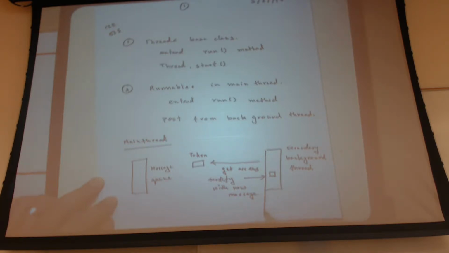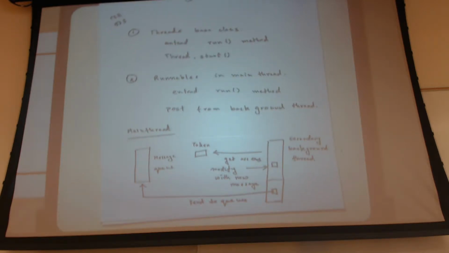And the final thing it did was send this modified message to the queue. These are the three things that the secondary thread has to do in order to send the message to the main thread.